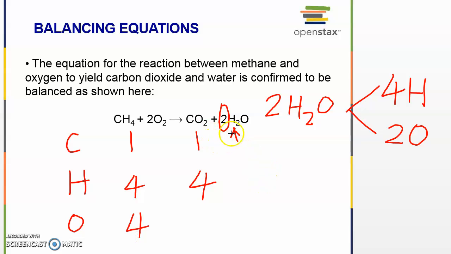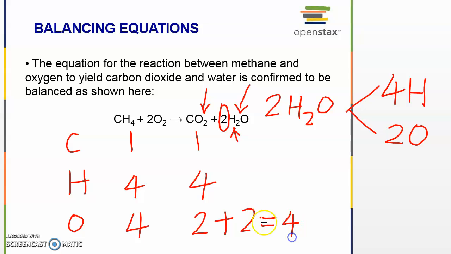On the right side, oxygen appears in 2 different molecules, carbon dioxide and water. From carbon dioxide, I have 2 oxygen atoms. And from the water molecules, I have 2 molecules and each one has 1, so I have 2. So that is equal to 4.